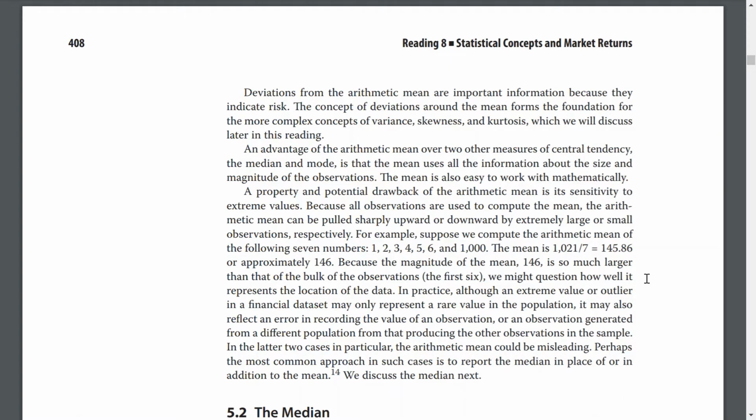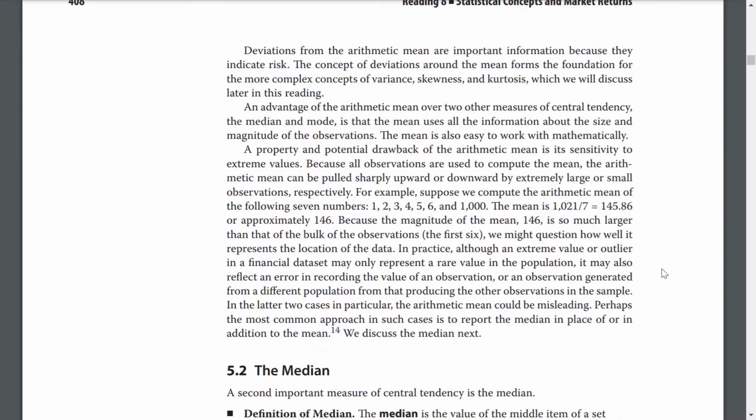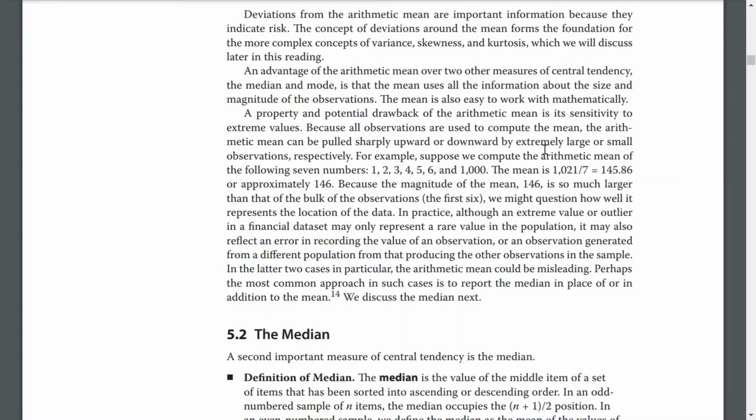A potential drawback of the arithmetic mean is its sensitivity to extreme values, because all observations are used to compute the mean. The arithmetic mean can be pulled sharply upwards or downwards by extremely large or small observations, respectively.